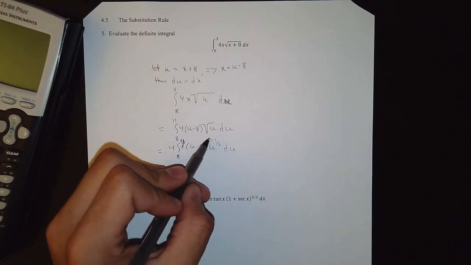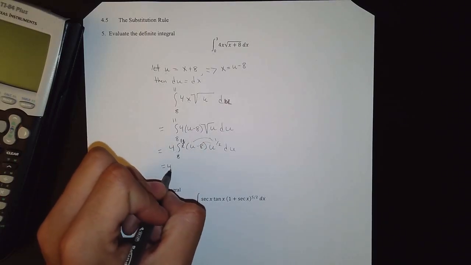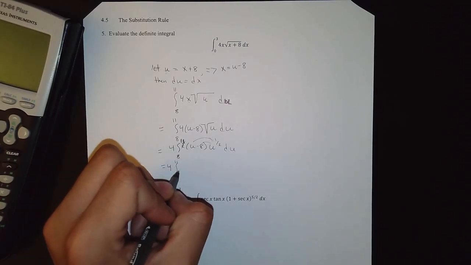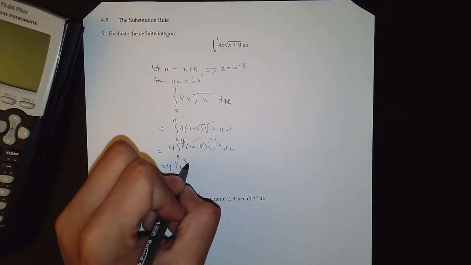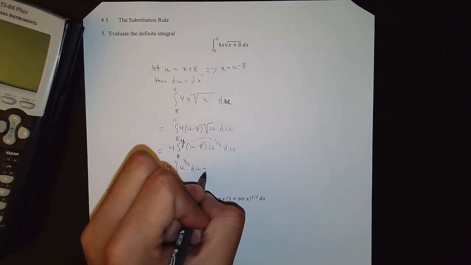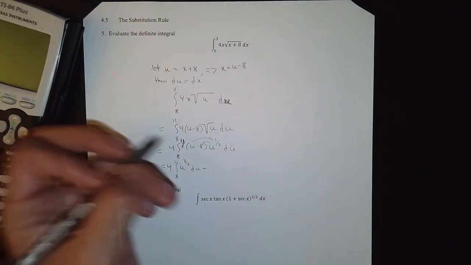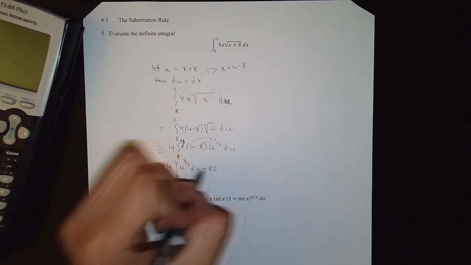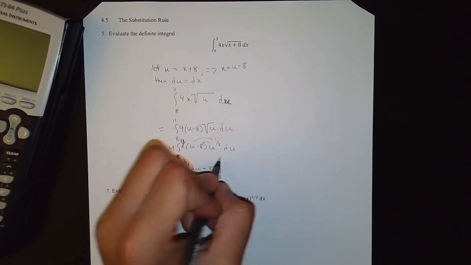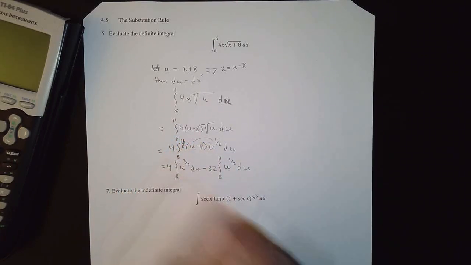Well, now I would just have to multiply out. I would have 4 times the integral from 8 to 11 of u to the 3/2 power with respect to u, minus 4 times 8, which is 32, times the integral from 8 to 11 of u to the 1/2 du.